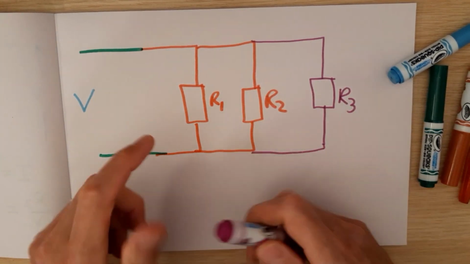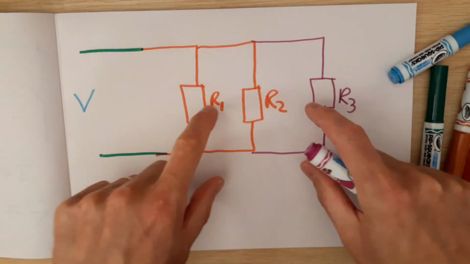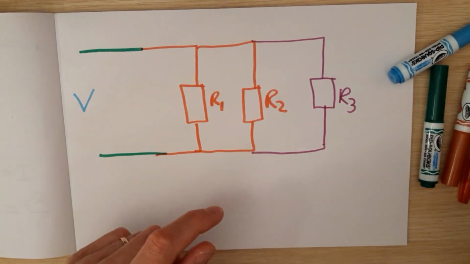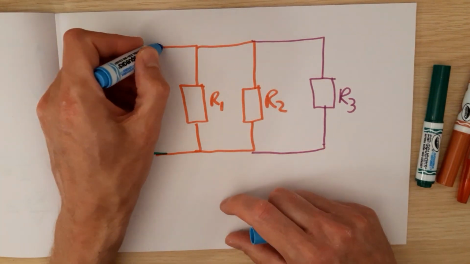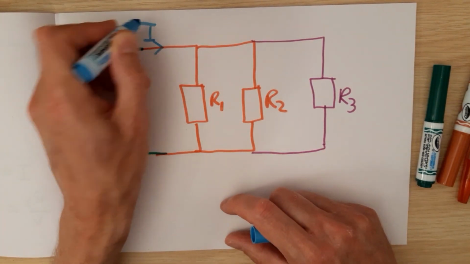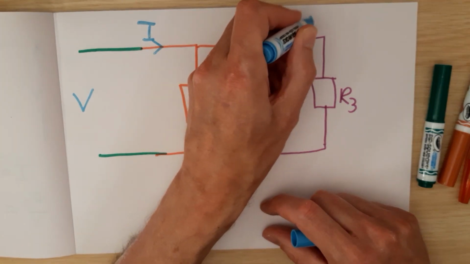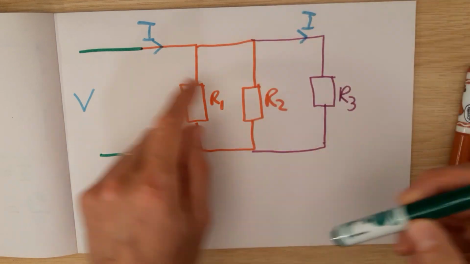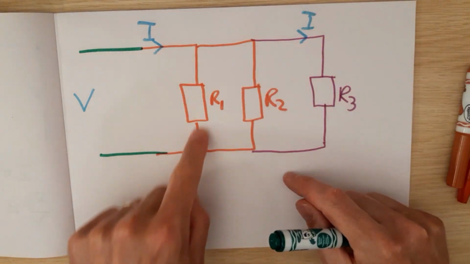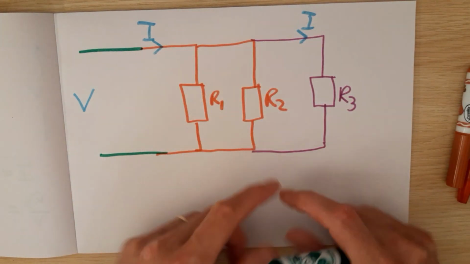In parallel, we know that they all have the same voltage across them. We also know there's a current I flowing here, so that current I would be going through our single resistor R3. But the current here is going to split. It's going to go a bit through this resistor and a bit through that resistor.